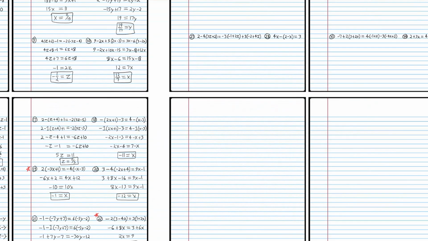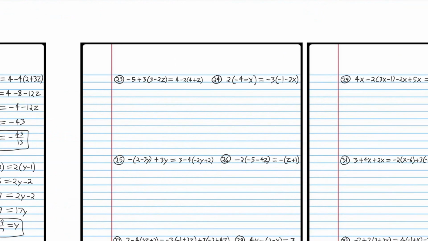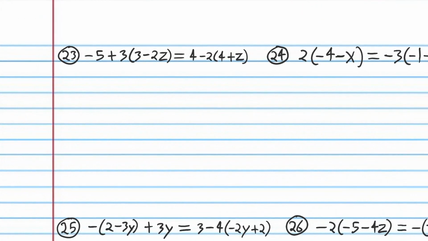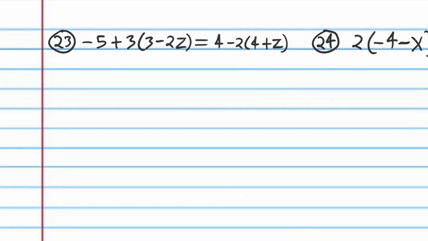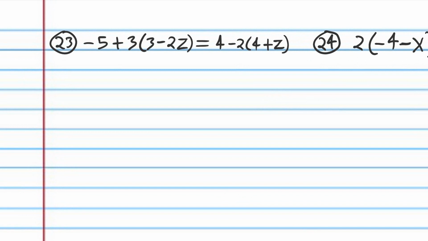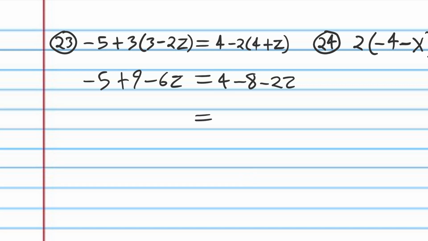All right, on to number 23. So now you try number 23. When you come back, we'll do it together. All right, we're back. Negative 5 plus 9 is 4. 4 minus 8 is negative 4.